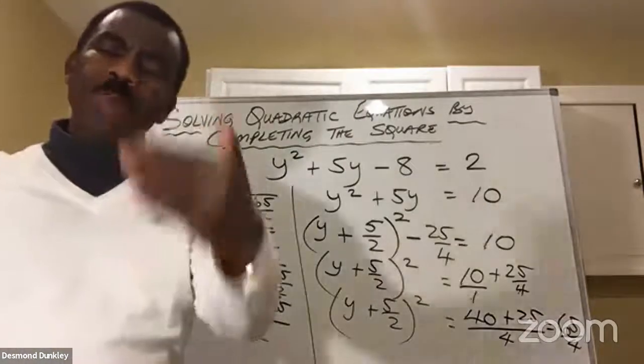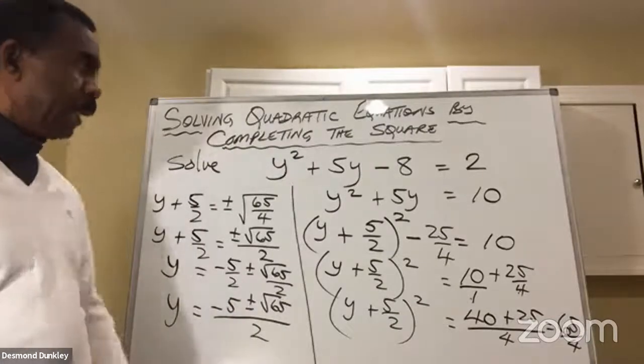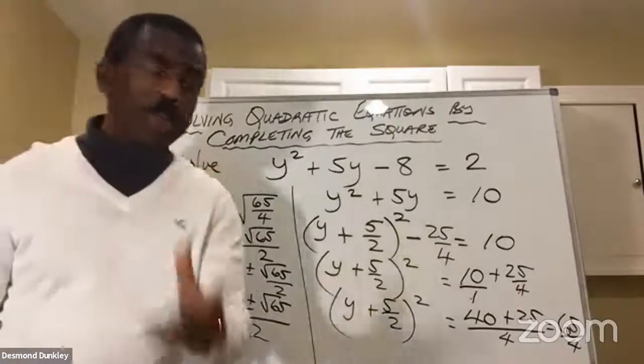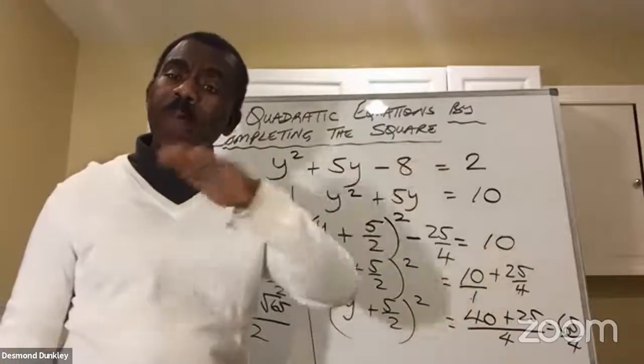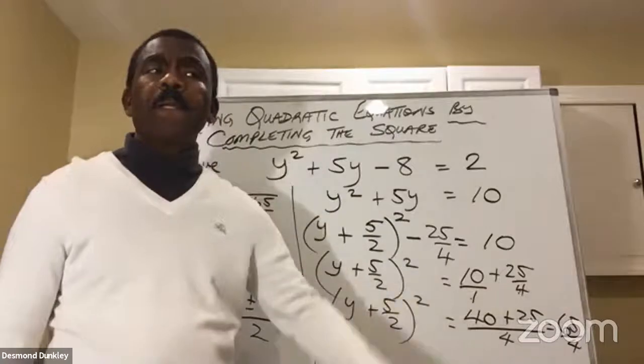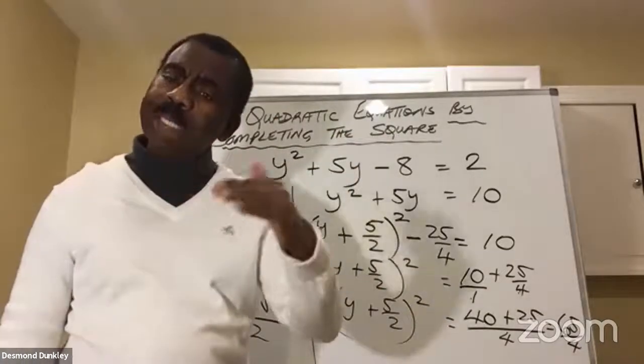And if you did the quadratic formula, you would get this answer. It will be exactly what you have here. So good news, completing the square can be used to solve any quadratic equation. Quadratic formula can be used to solve any quadratic equation.